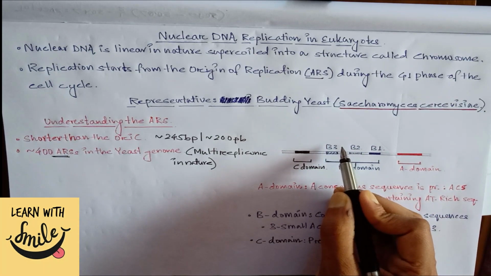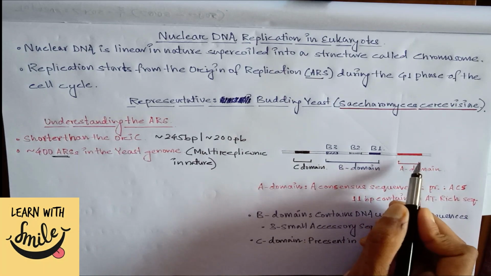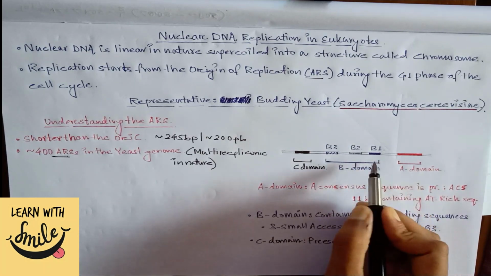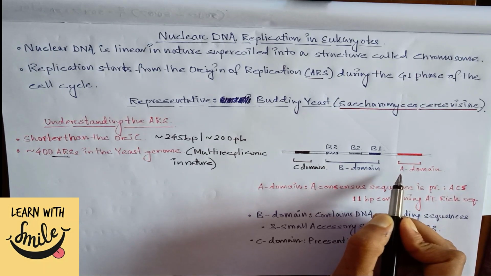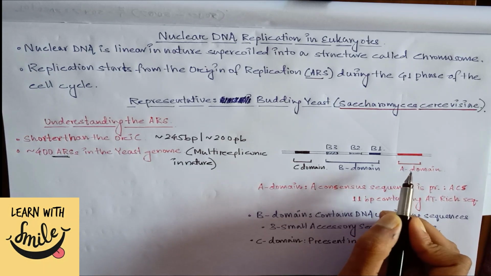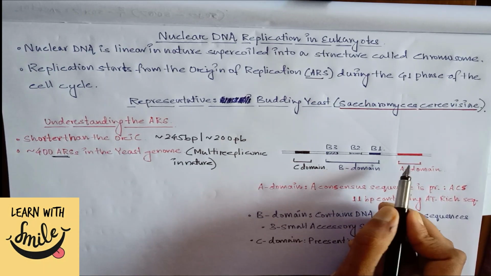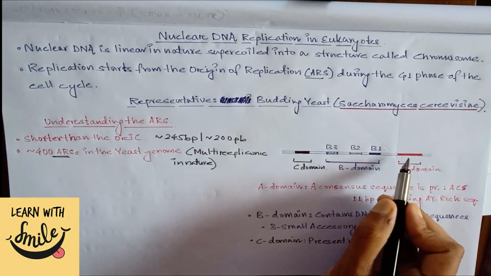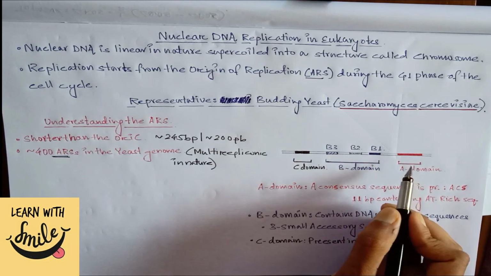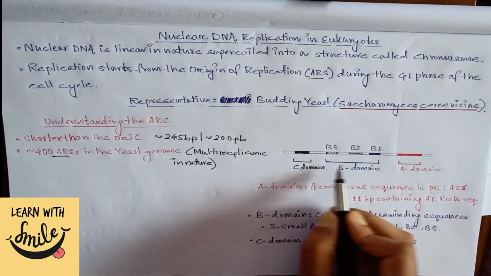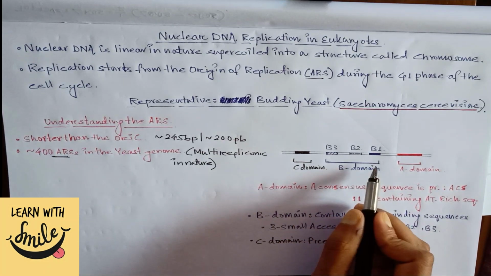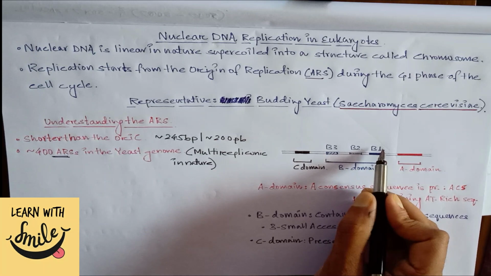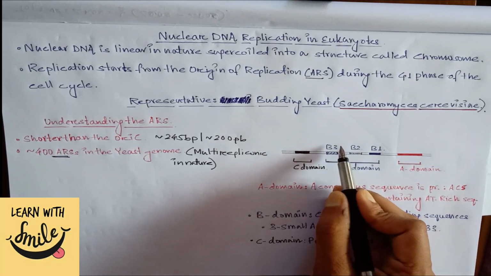So, having understood the very basic structure of the ARS, though it shows diversification in different genomes, it does share a basic structure containing three domains, namely the A domain, the B domain, and the C domain, where the B domain is further subclassified into B1 domain, B2 domain, and B3 domain.